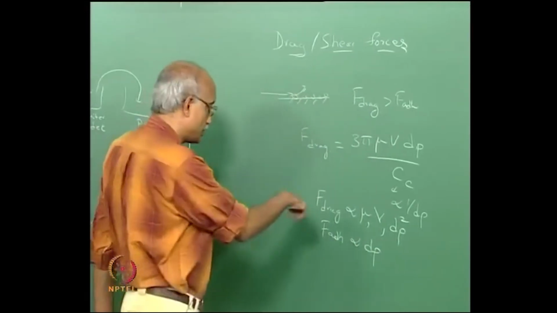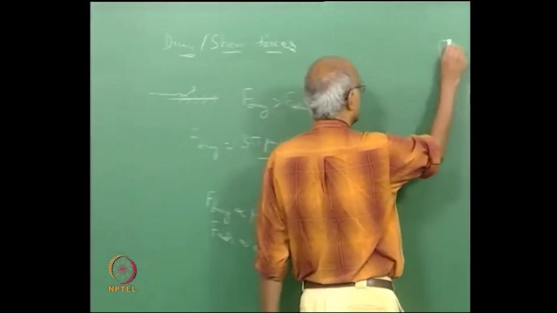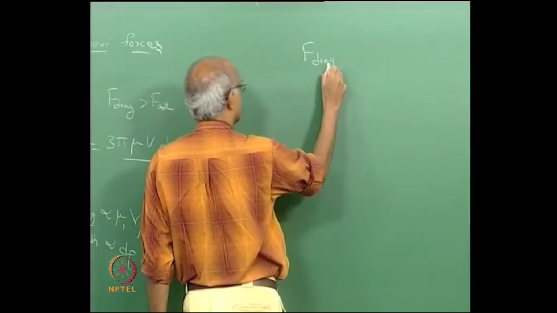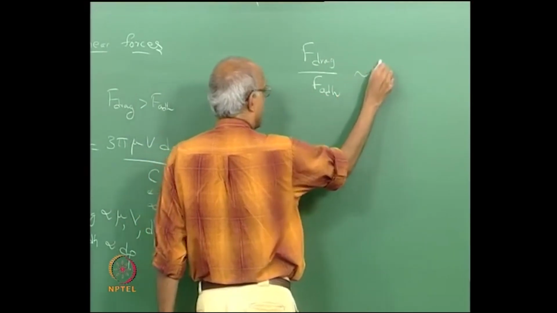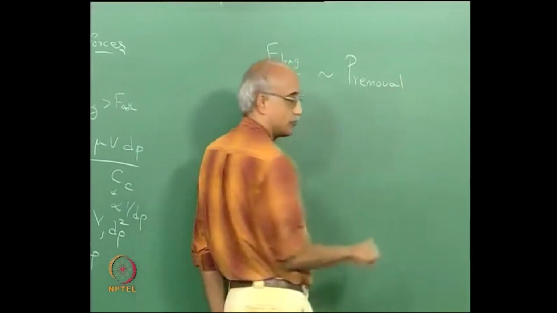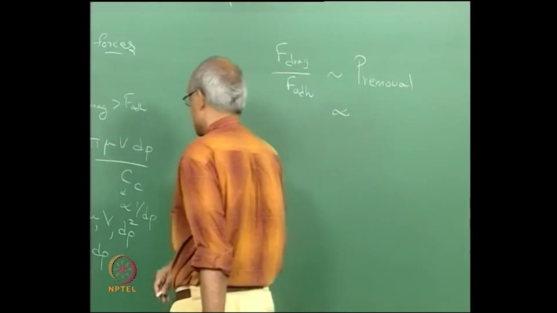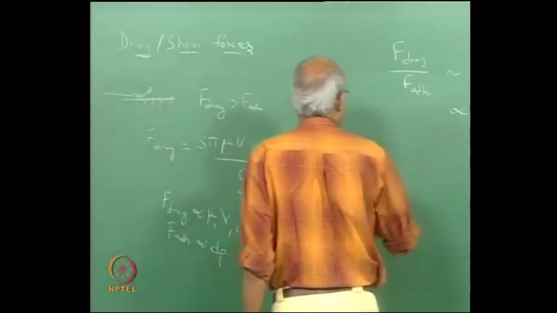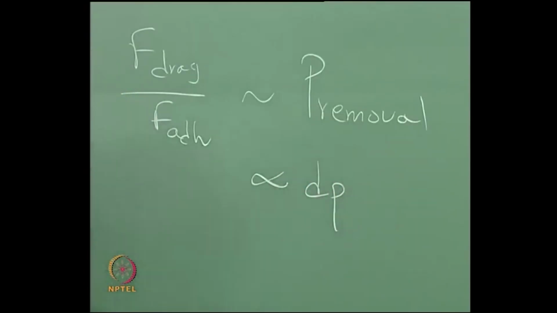So if you take the ratio of F drag to F adhesion, which you can look at as a metric that gives you the probability of removal, then this would go as dp, right, because you are basically dividing this by this.